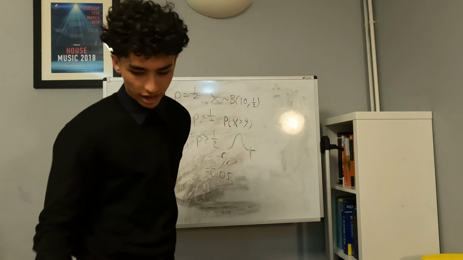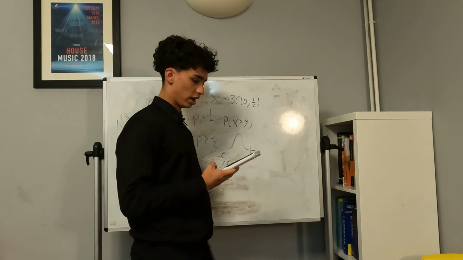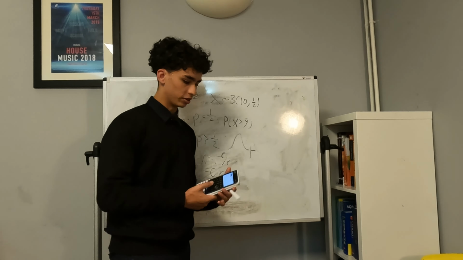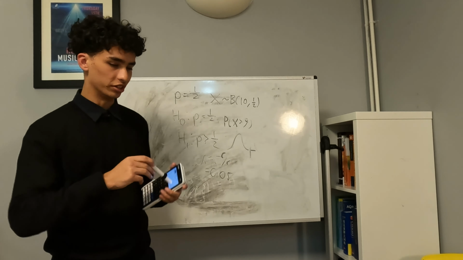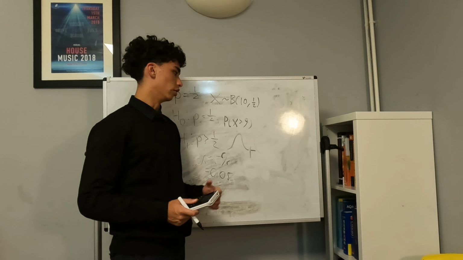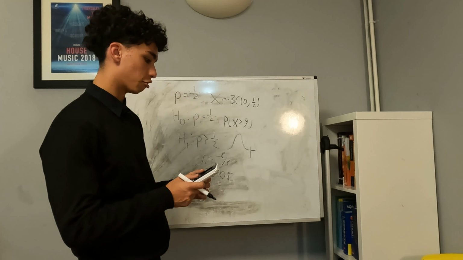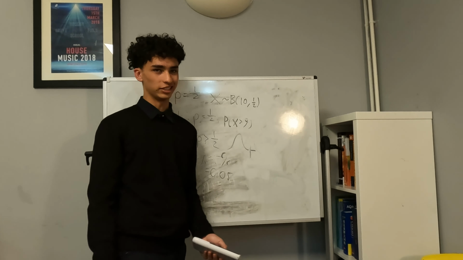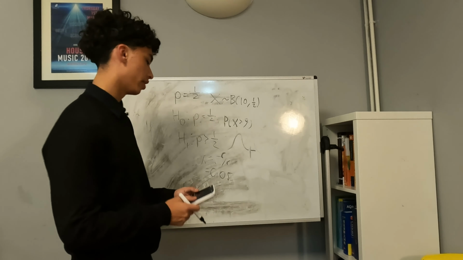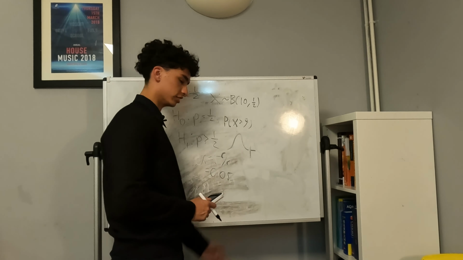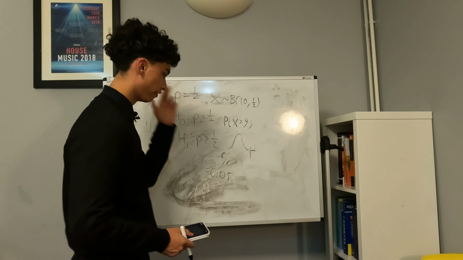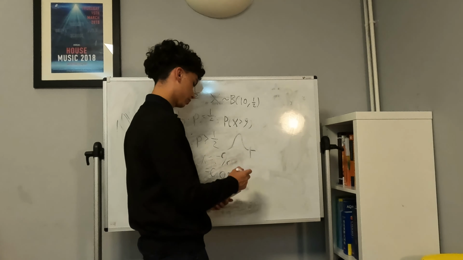The probability that x is going to be greater than or equal to 9, if we use a calculator, it's going to be 0.0107. So the probability that we're going to get 9 or above is going to be 0.0107, as stated. We're going to compare that to the significance level, which is 0.05, right?